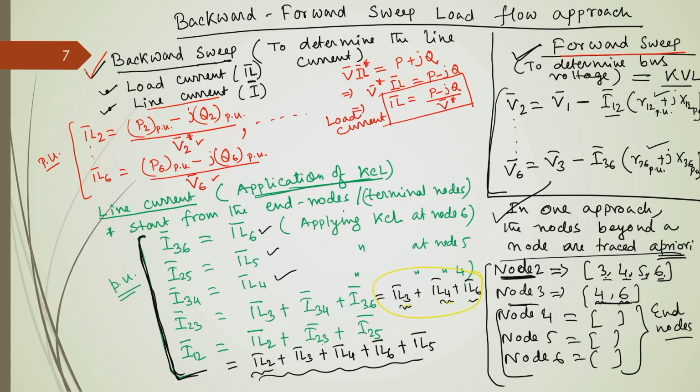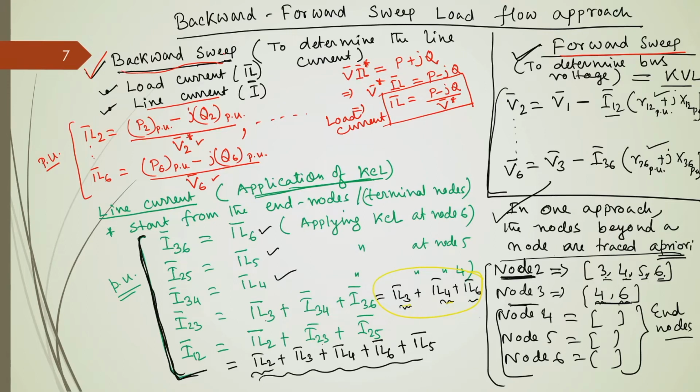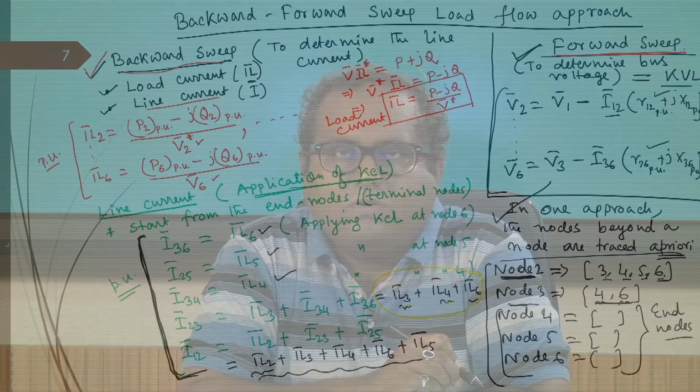And in this particular slide, I discuss how to calculate, in fact I chalked out, how to compute the line current from the load current information in backward sweep, and then also how to compute the bus voltage of all the buses using the forward sweep. These two steps we need to use iteratively while getting the final solution.